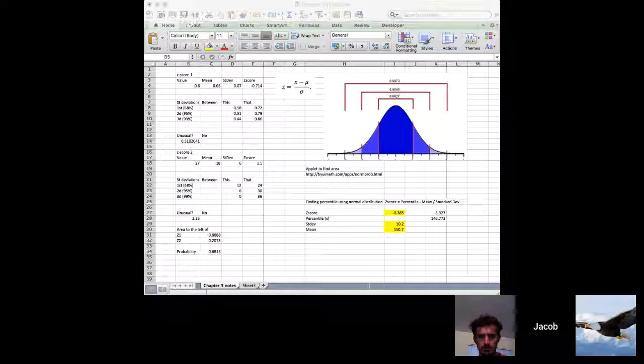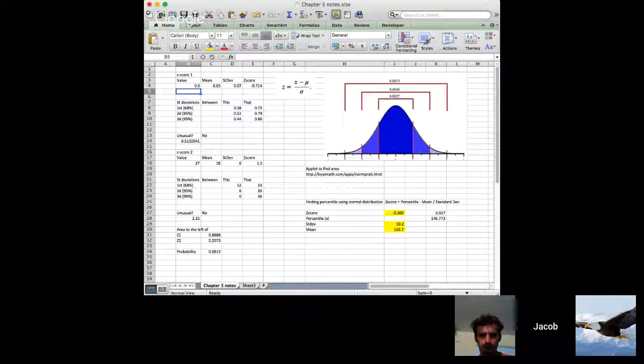Oh, let me show you how I'm getting my answer. Okay. So with my Excel, I'm calculating using this Excel formula that I made. I put in 0.6, which is the value, the mean and standard deviation, just like this equation right here.